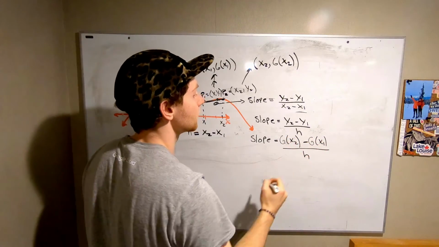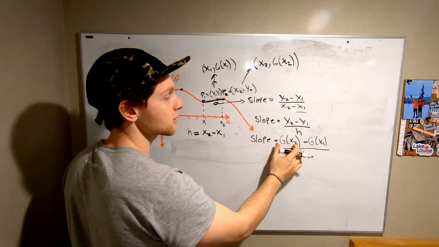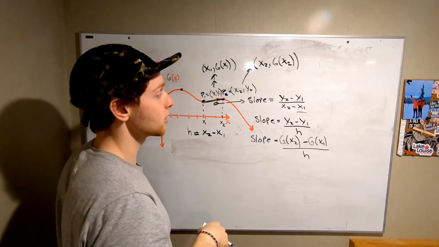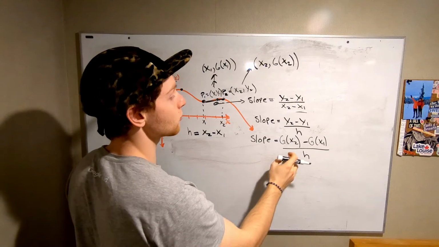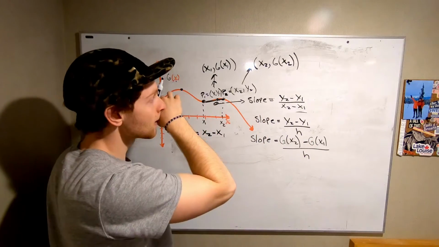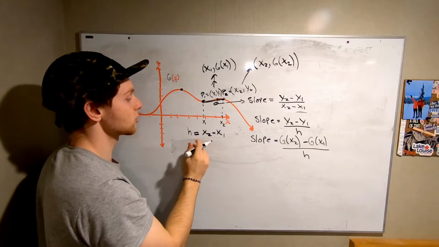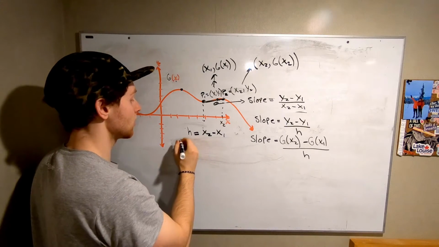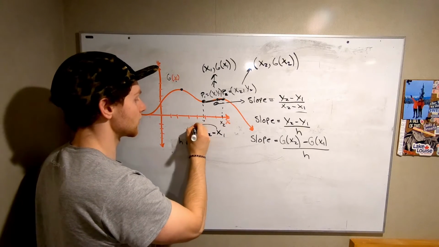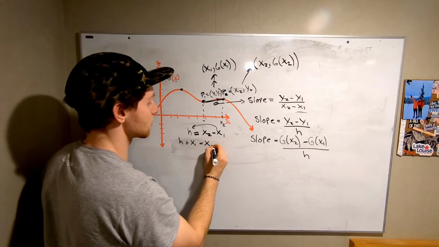Cool? We have slope, x2, x1, and h, too many variables, so we want to get rid of some. So basically we can write x2 in terms of x1 and h. If we reorganize this equation, we can bring over the x1 this way. That equals x2.